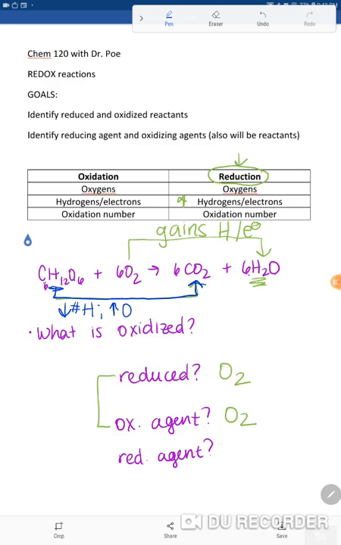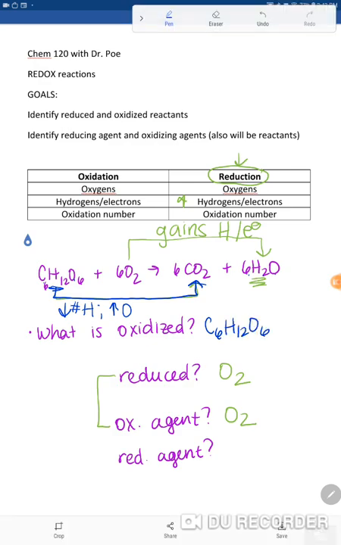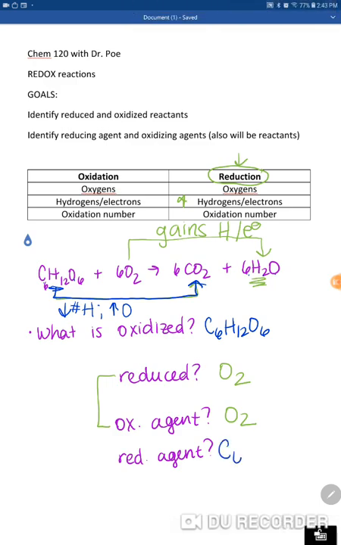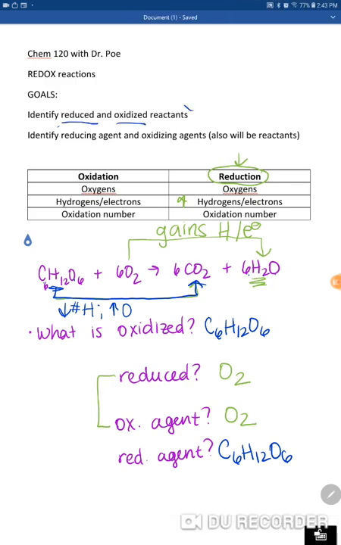So here we're losing hydrogens and gaining oxygens in the sugar, or glucose, which means that C6H12O6 is being oxidized, and whatever is oxidized is the reducing agent, C6H12O6.